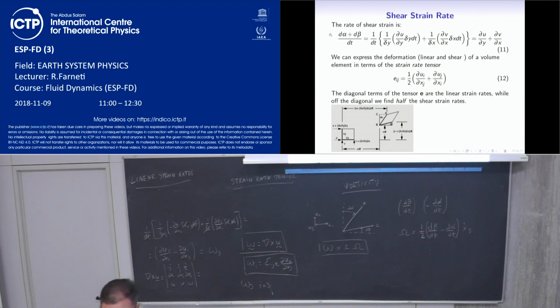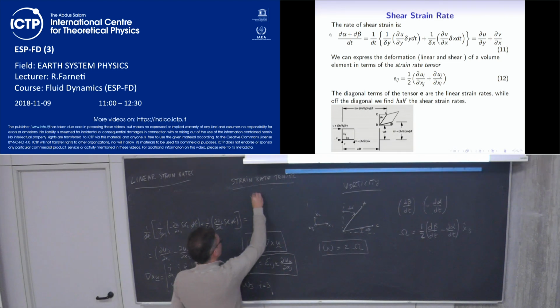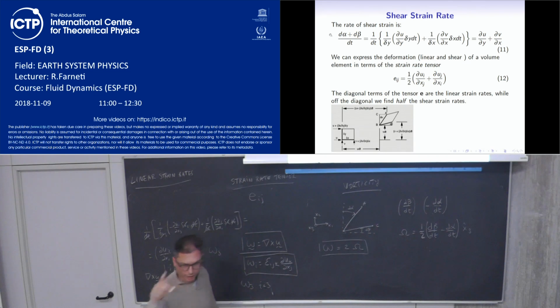Okay, so subject to a shear strain, you might have a shear strain rate, and that shear strain rate might provide vorticity to the element of fluid. Okay? And you can describe the linear and the shear strains through the strain rate tensor, okay, which has all 9 components.